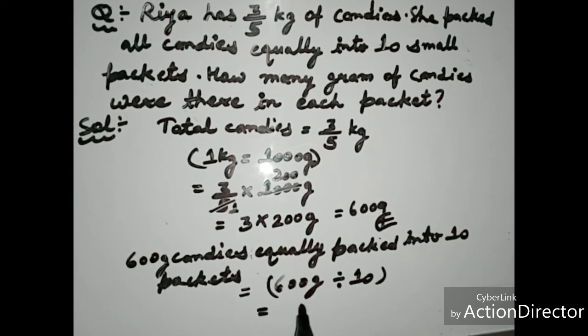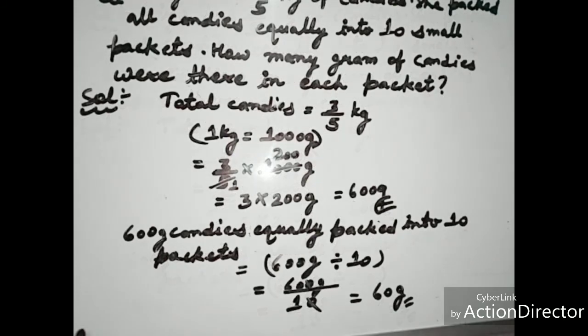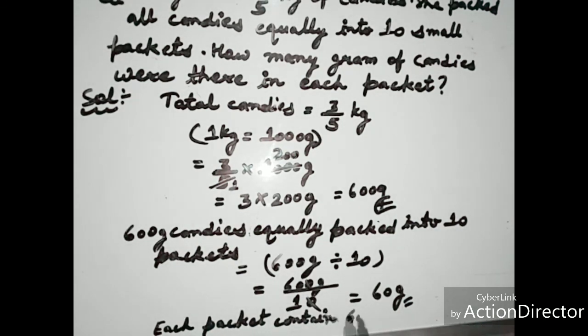So when we divide 600 gram by 10, here 0 cancels out by 0, so we get 60 gram of candies. Here we write each packet contains 60 gram of candies.